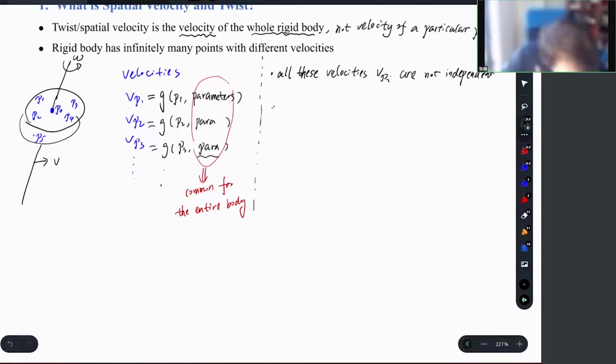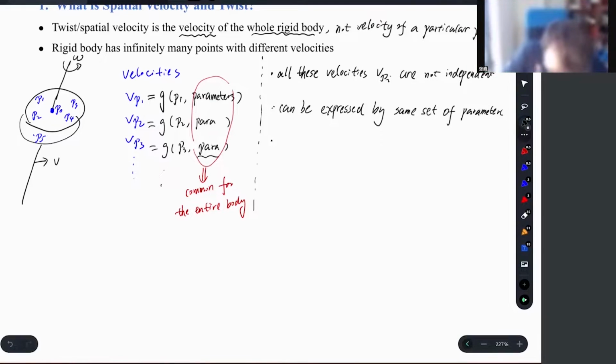So let me summarize that again. All these velocities can be expressed by the same set of parameters.